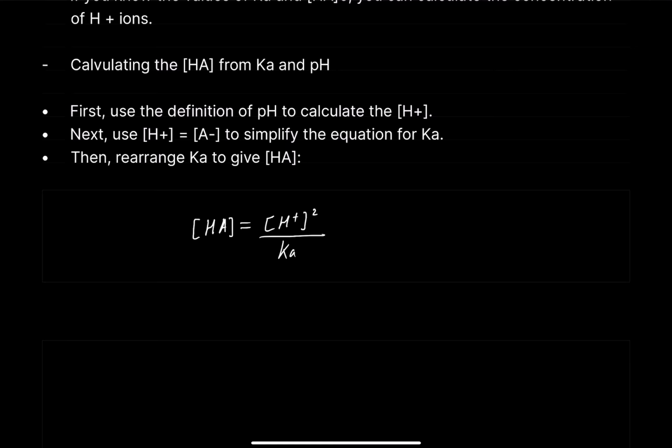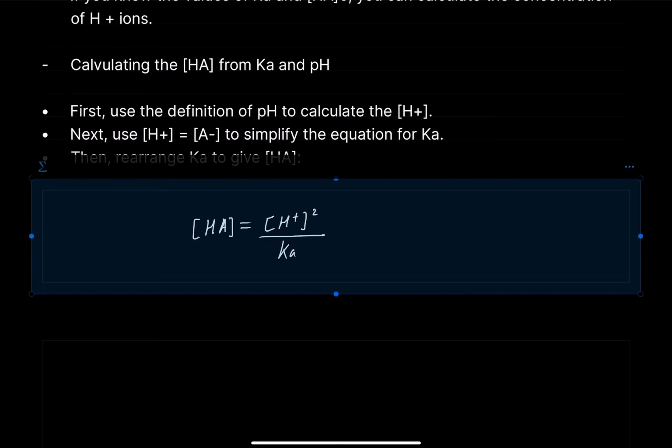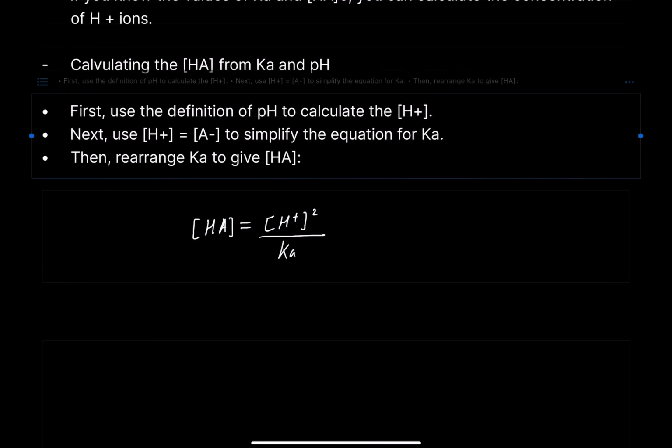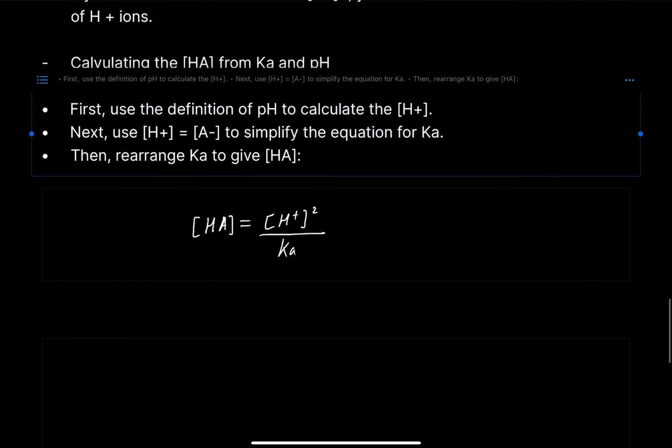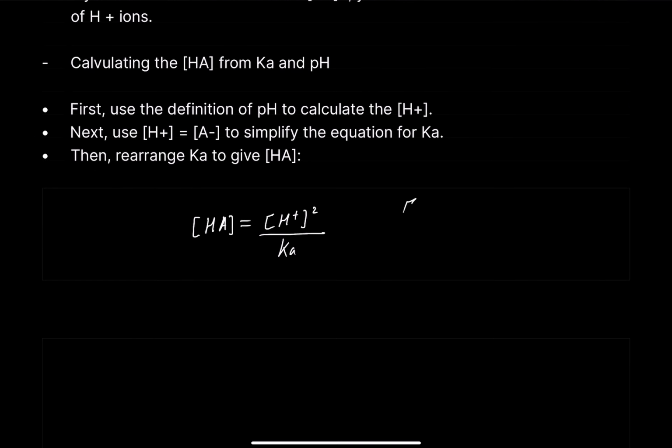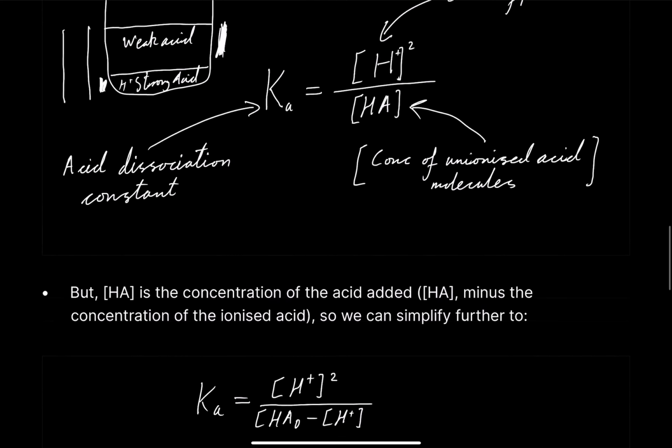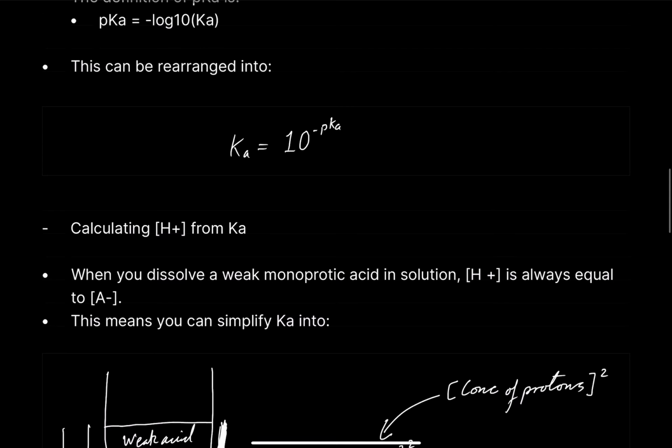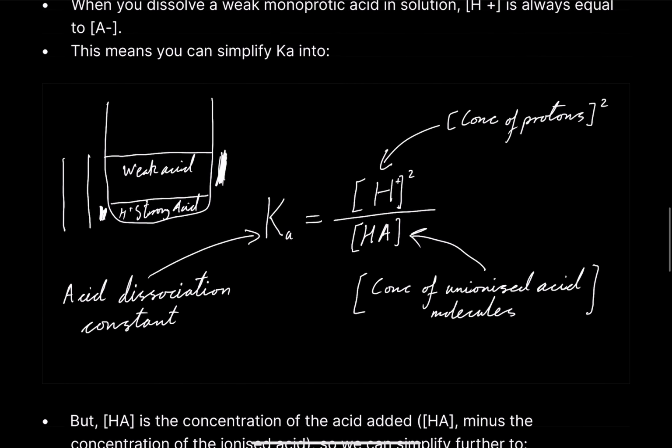So if they want you to work out the concentration of HA in solution, and they've given you the pH, right? So they've given you pH, they've given you the acid dissociation constant. If they've given you pH, you know that I need to work out the HA. I know that Ka is equal to H plus squared over HA.